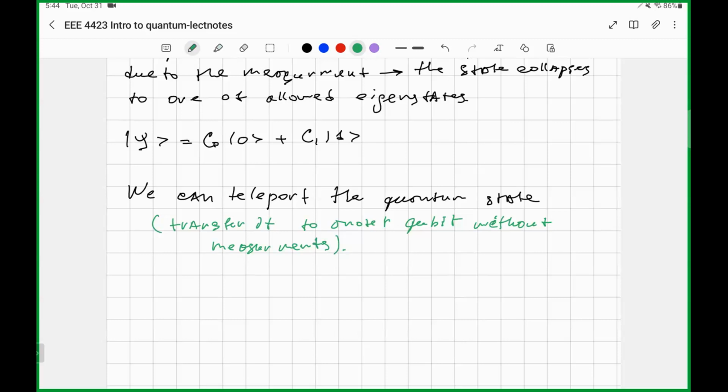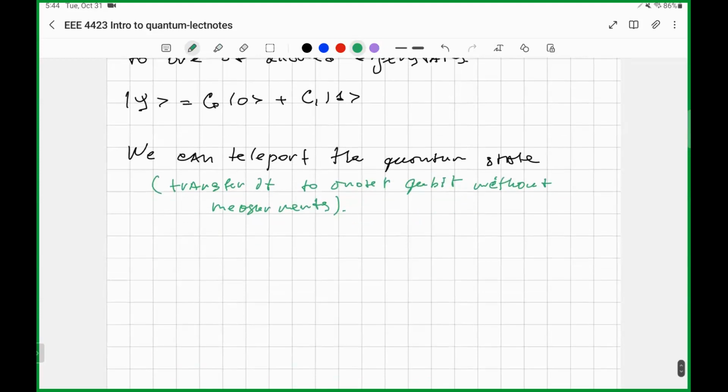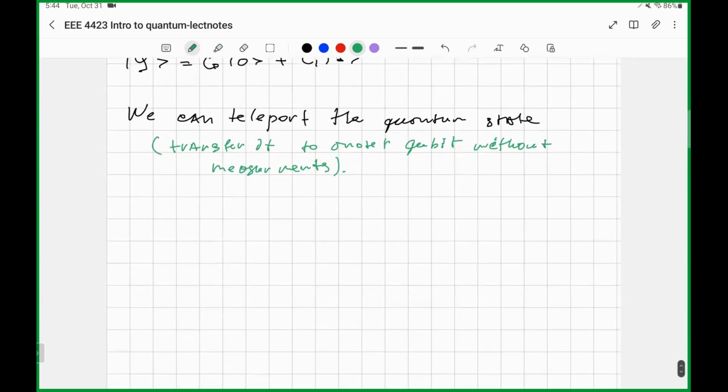We actually don't even know what state we teleport. So, without knowing the state, we are still able to teleport the quantum state.